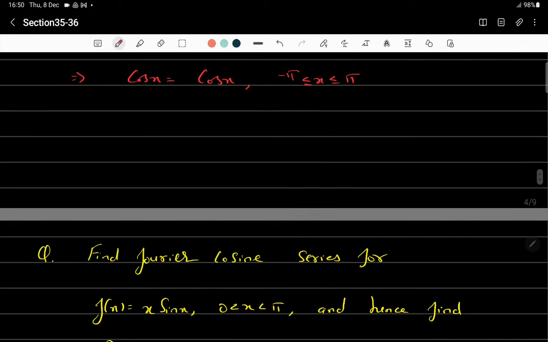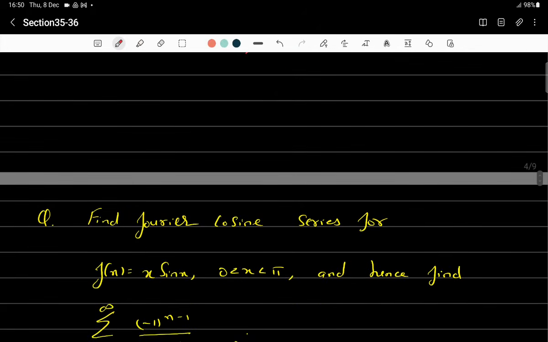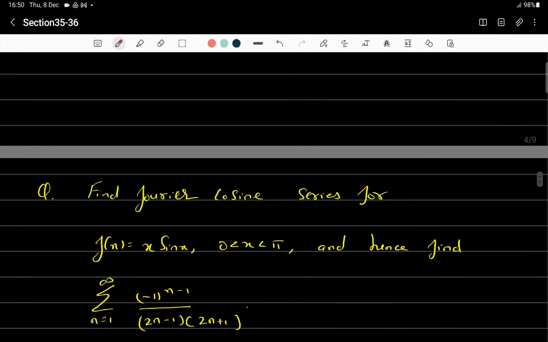Okay, let's try one more question which says that find Fourier cosine series for f of x is equal to x sine x, and hence find the value of this sum. So I just need the Fourier cosine series. Now I can see that x is odd, sine x is odd, odd times odd becomes even, so it's already an even function.